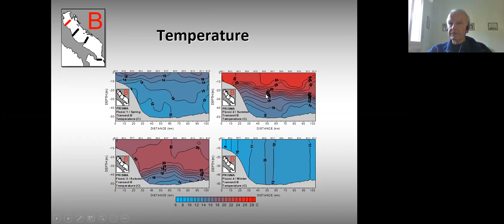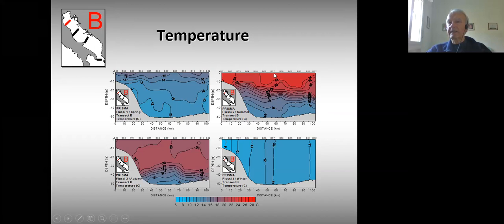When you go to summer, you can see that the heating was felt up to a 10-meter depth. So you have 24, 25 degrees Celsius up to 10-meter depth, and below then you have a strong vertical gradient of temperature, and then finally in the bottom layer, the temperature remains more or less the same as in spring.